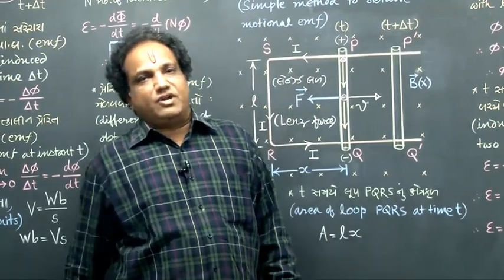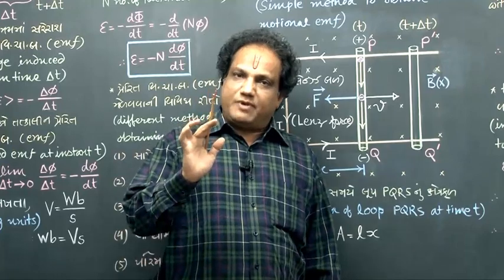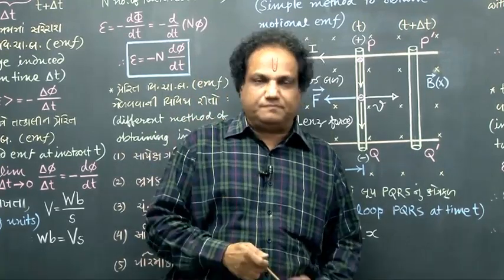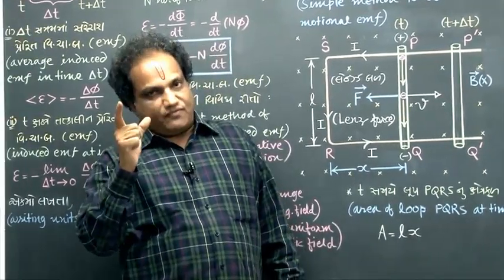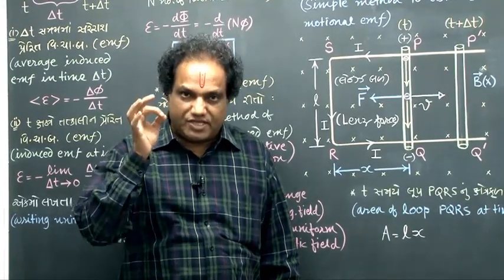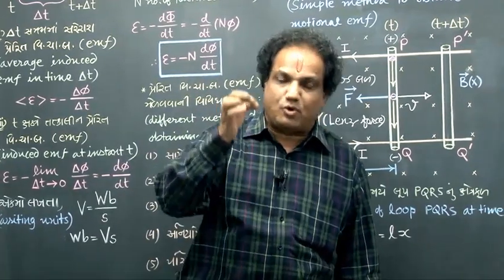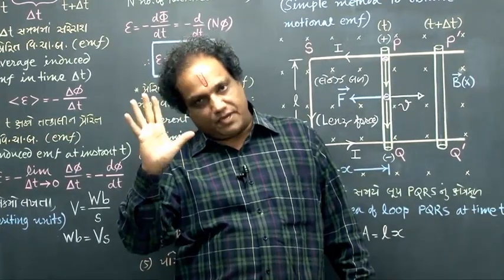And then last time we had also studied Lenz's law. You know the statement of Lenz's law. Let me remind. Direction of induced EMF and induced current are always such that they can oppose the very cause producing it. Okay.